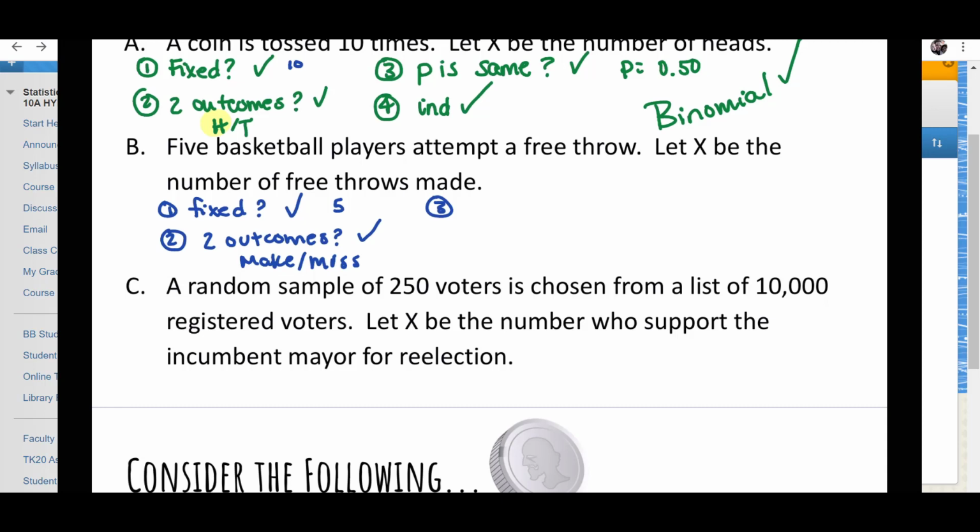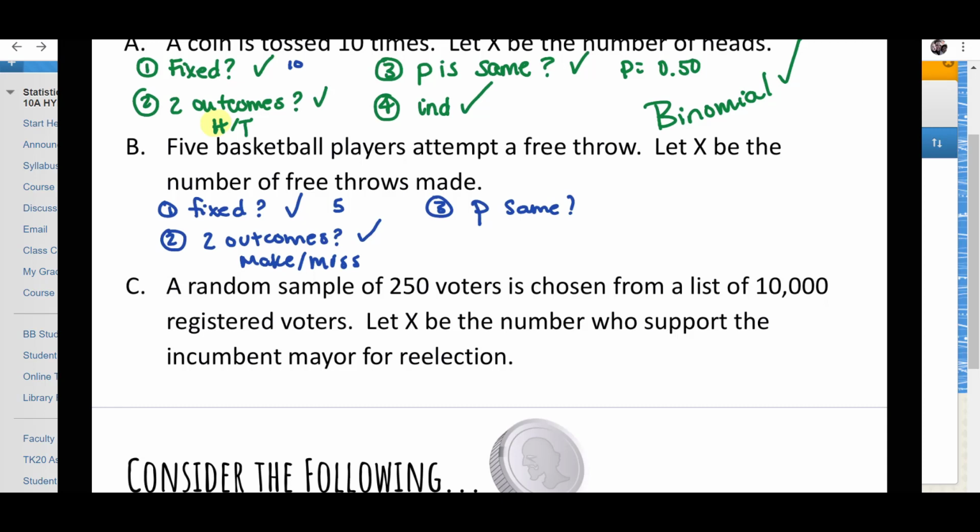Three, is p the same for every trial? At first glance, you might think yes, p is the same for every trial because you've got a 50-50 chance of it landing in the basket, because you either make or miss. However, other things come into play here, such as the skill level of these 5 basketball players.